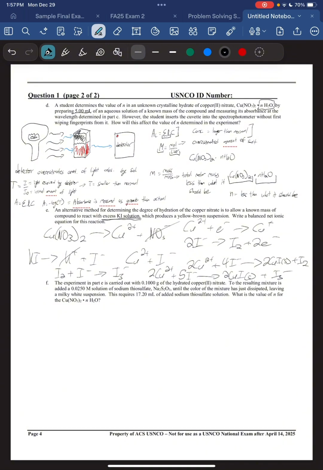So this is a titration problem, so we can use given ratios to find out the amount of hydration, or amount of water molecules we have. So the first thing to note is what happens when sodium thiosulfate comes into contact with our previous copper and iodine solution. Well, the balanced chemical equation looks something like this.